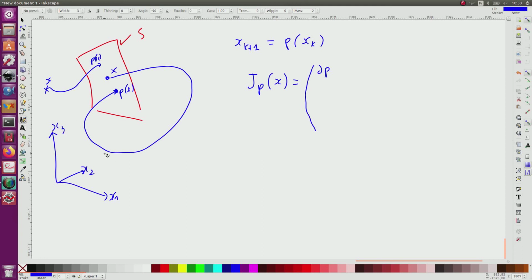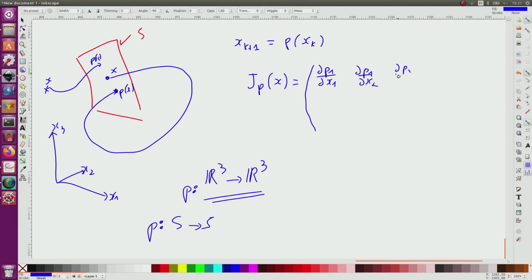So the Poincaré function is a function which goes from R3 to R3, but I can also have a restricted view of P, which tells me that P is going from S to S. So it's a Poincaré function restricted to S. If I consider this function, then I will have here the Jacobian matrix, which corresponds to the derivative of P1 with respect to x1, here P1 with respect to x2, P1 with respect to x3, here P2 x1, P3 x1, and the last one, derivative of P3 with respect to x3.